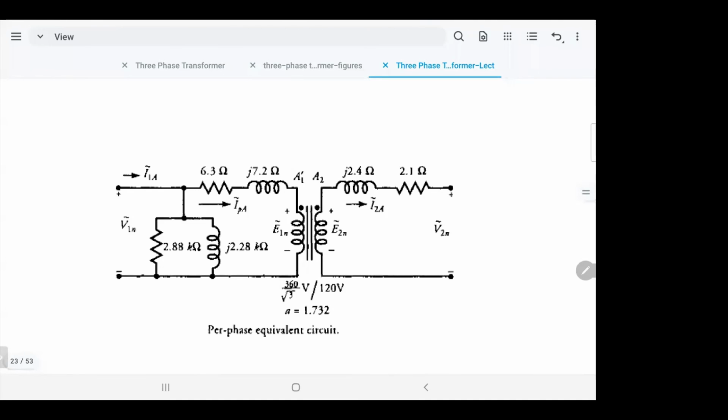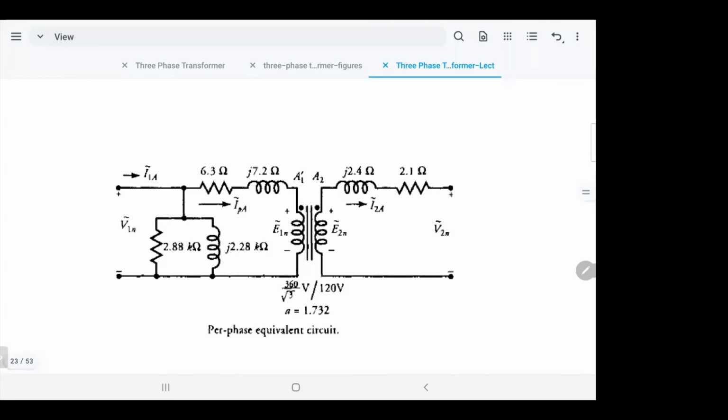You cannot get an equivalent per-phase circuit for a three-phase transformer except if both sides are Y connected, because if you have Y connection, you take only one phase with the neutral. That's what they do. So you don't have a problem if you have Y connection. The problem only occurs when you have delta connection. How do you solve this dilemma? Easy.